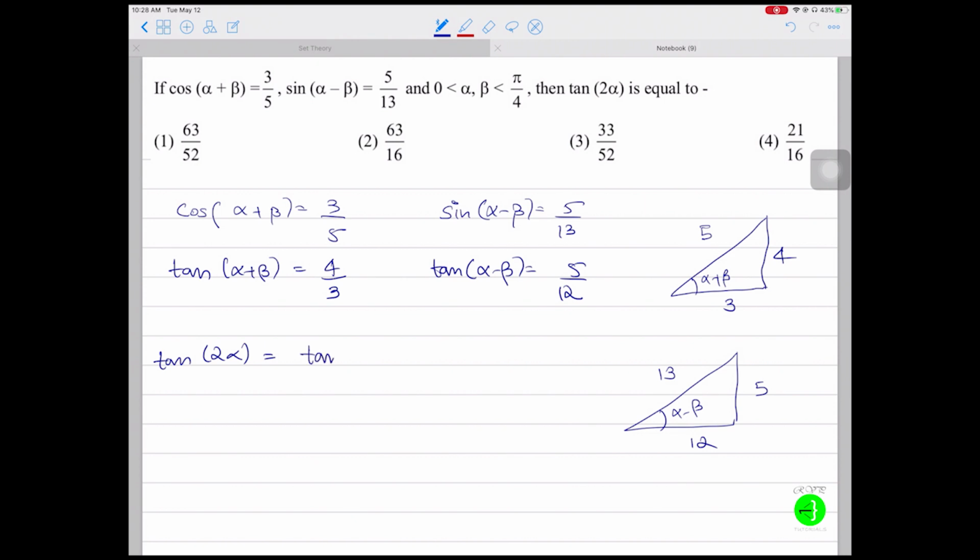And tan of 2 alpha can be written as tan of alpha plus beta plus alpha minus beta. Again, using the trigonometric identity, let me use some other term instead of alpha. So tan of x plus y is tan of x plus tan of y over 1 minus tan x tan y.